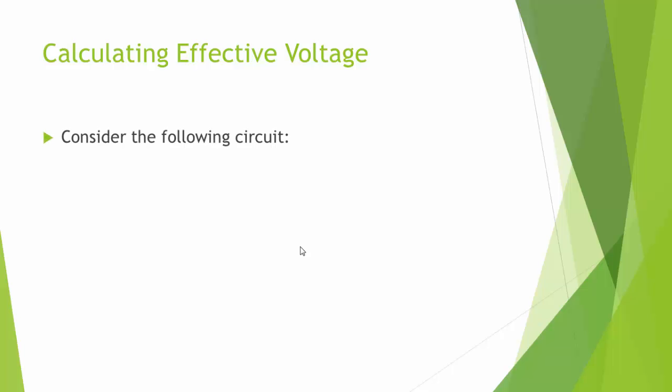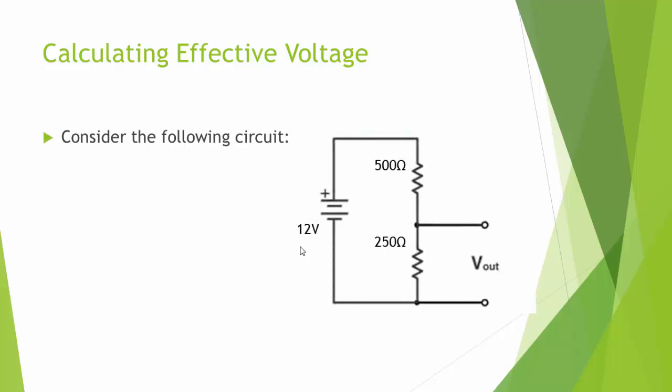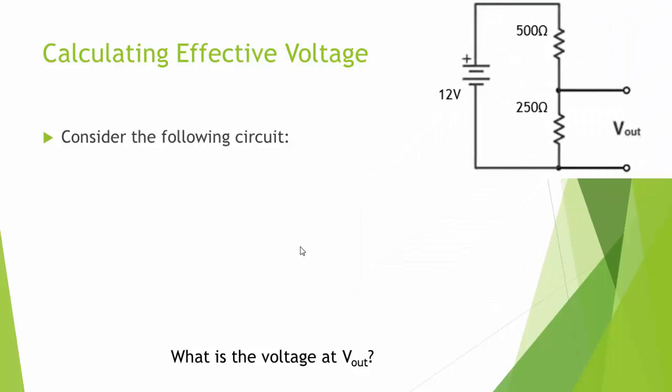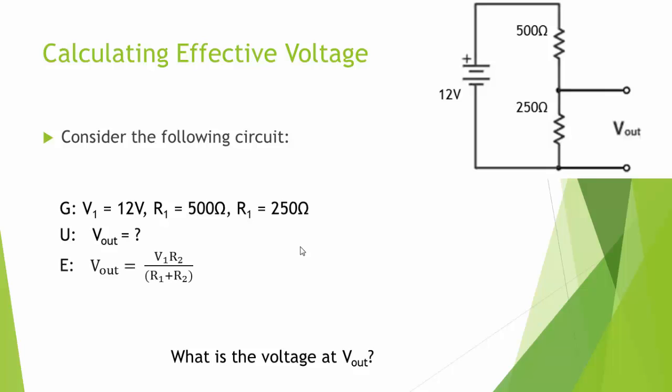And we can go through an example of this pretty simply. Here's our voltage divider circuit here. What's the voltage at V out? Well, we're given our system voltage and our two resistances. We're asked to find V out. V out is V1 times R2 divided by the sum of R1 plus R2.